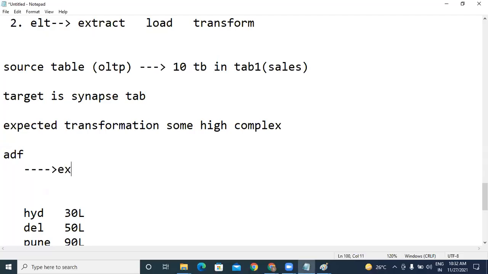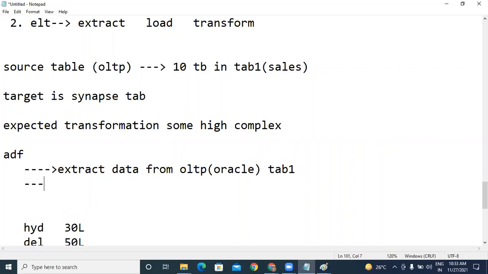I want to extract data from OLTP. Think that my OLTP is in Oracle, and my table is tab 1. And then what is my next work?